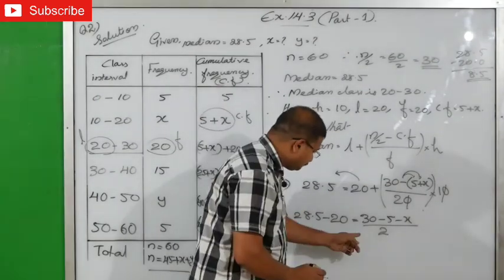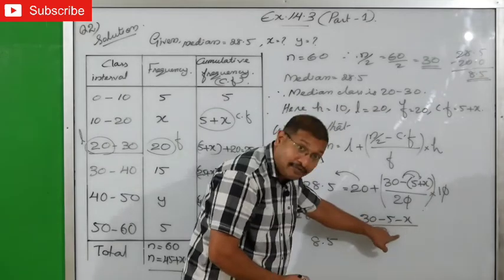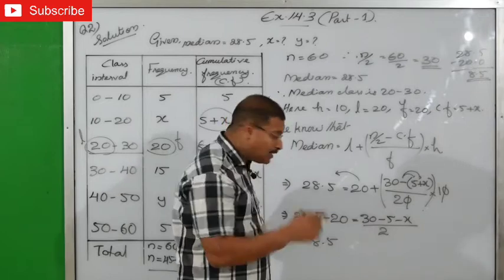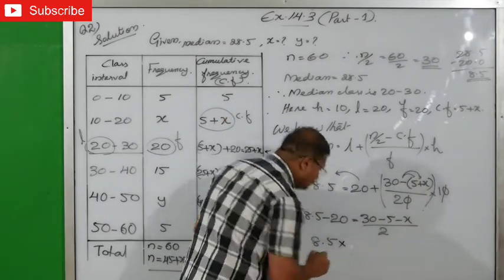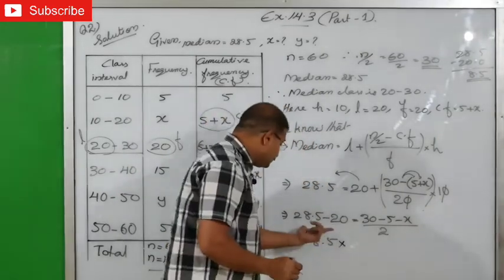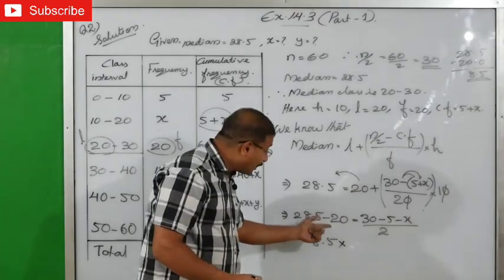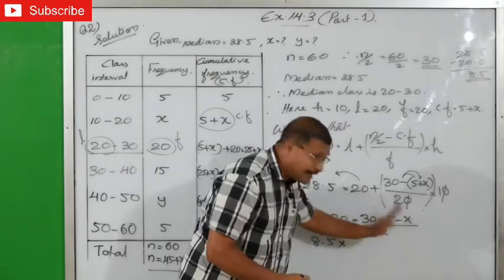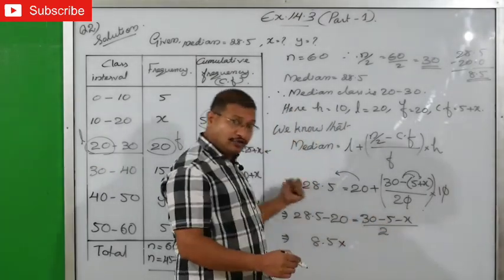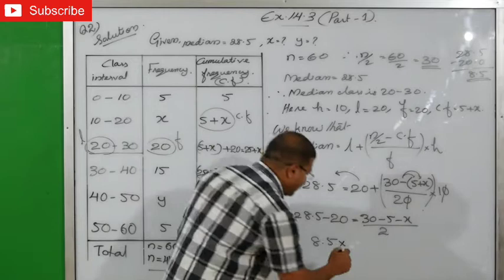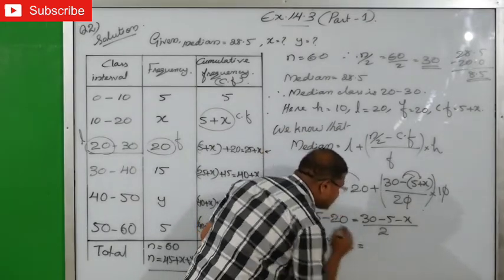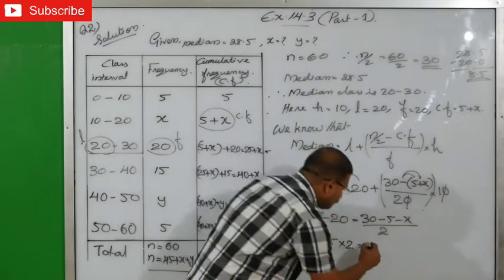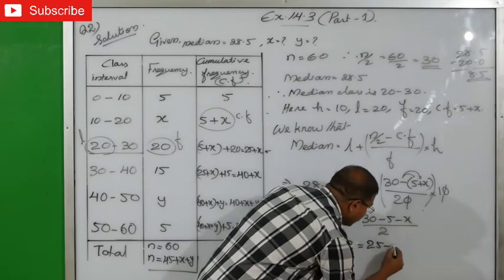One more step. This 2 is on the other side, as a division, so if it goes to the other side, it goes as multiplication. We already got 28.5 minus 20 is 8.5, and this 2 is in the denominator, so if I carry it to the other side, it will be multiplying. Equals 30 minus 5, 25, minus x.